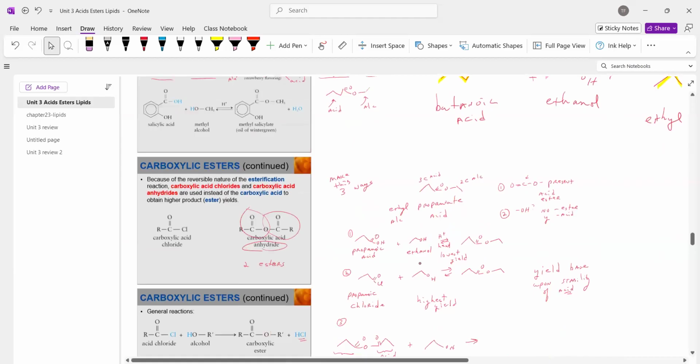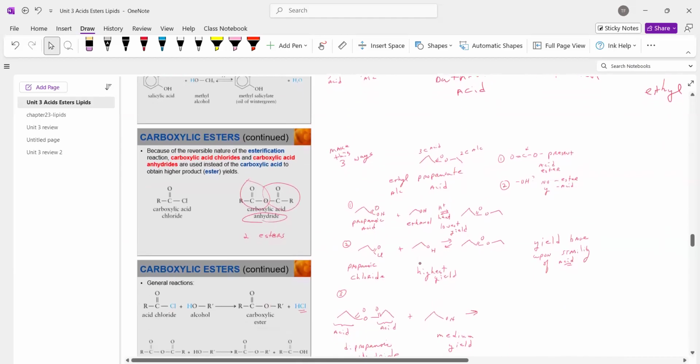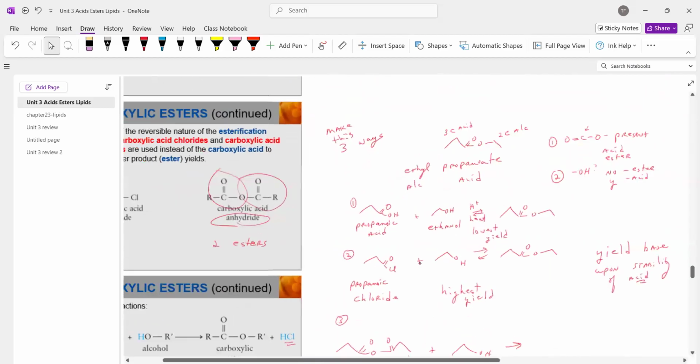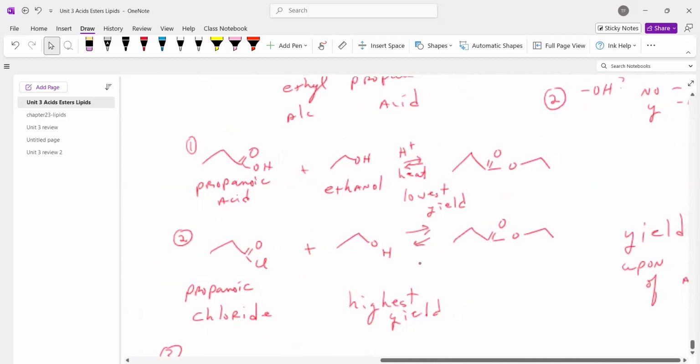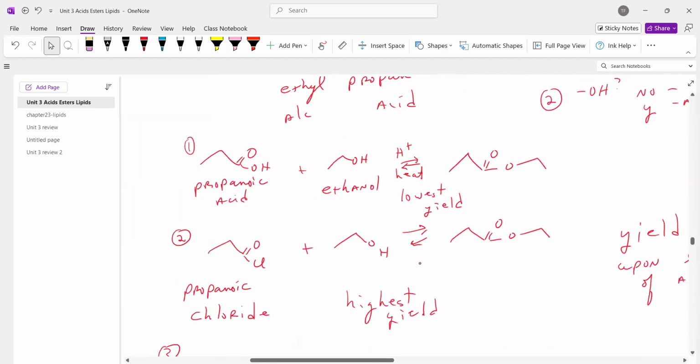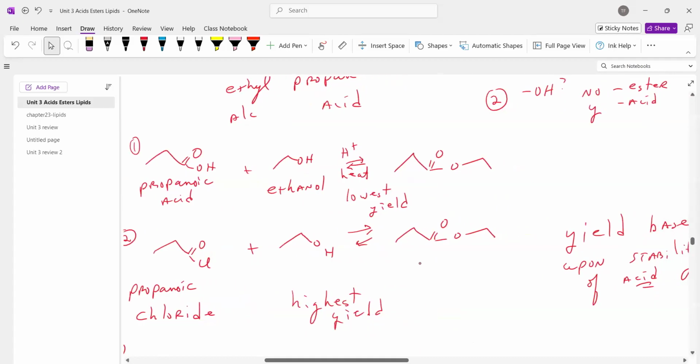Now, there are three ways to make esters. First way is the way I just showed you. And this would be ethyl propanoate.